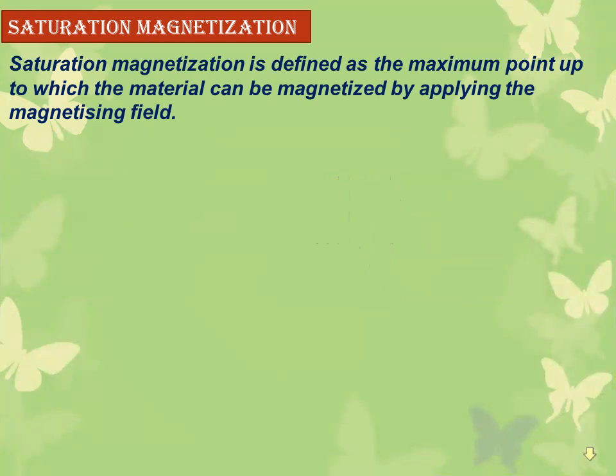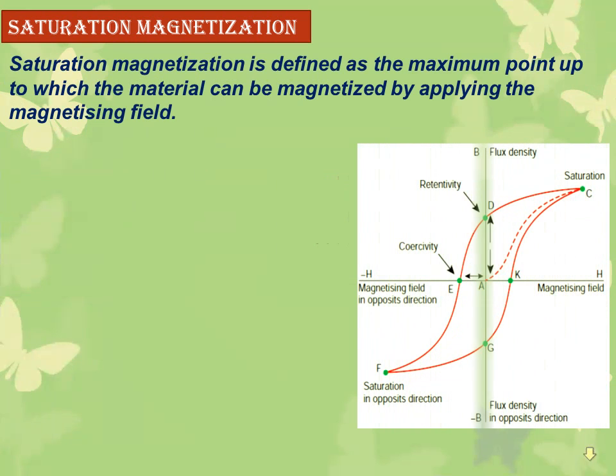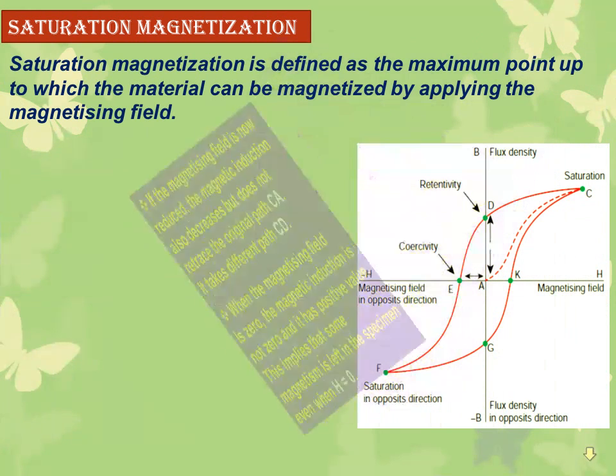The saturation magnetization is defined as the maximum point up to which the material can be magnetized by applying the magnetizing field. There is a level, and after that level you cannot magnetize the material.